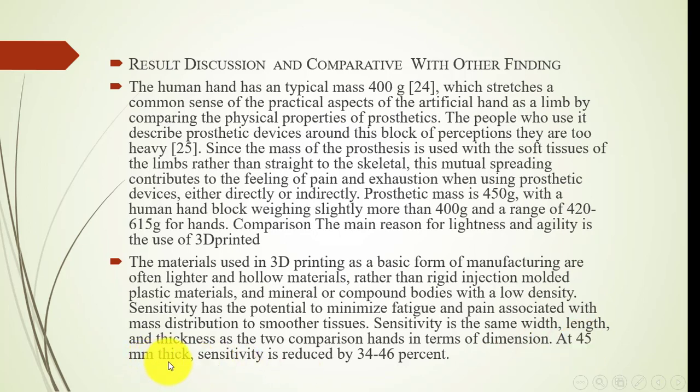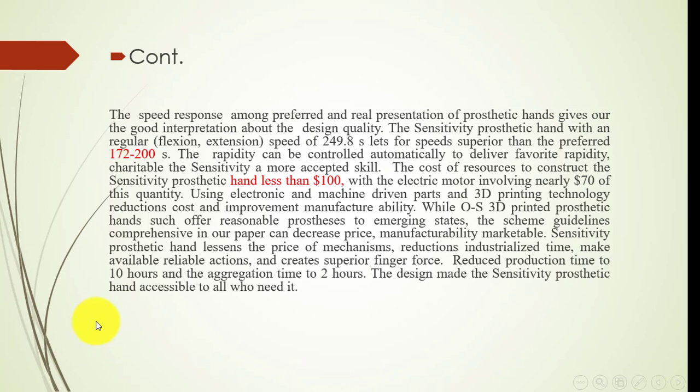For the tissue sensitivity, some width, length and thickness comparisons of the hand dimensions: 45 millimeter thickness, and radius of 34 and 46 percent. When the cost is compared with the speed response, the overall cost may be 172 or $200, maybe less than $100, depending on the chips and parts used for decreasing the price.